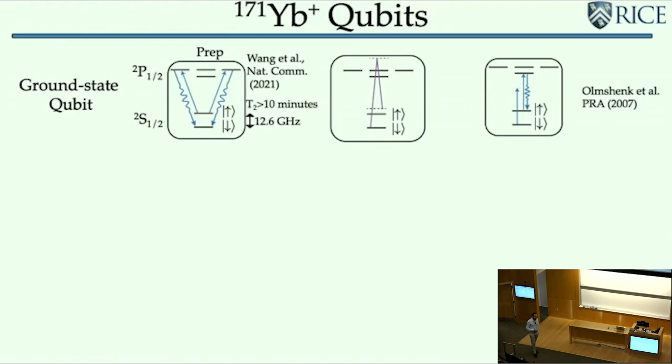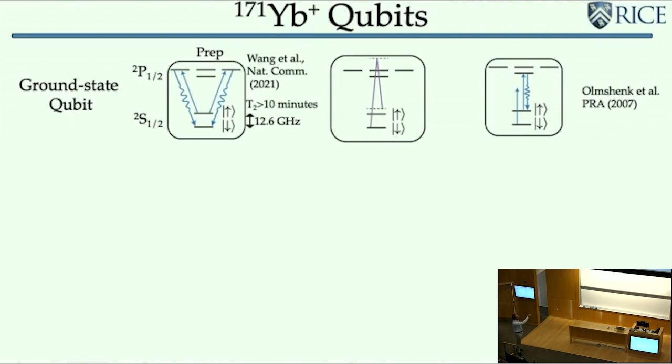For the qubit, I'd like to spend a little bit of time showing what kind of flexibility this platform offers. At Rice, we use Ytterbium-171, which is a different ion from what was presented in the past talks, which was calcium. Ytterbium-171 has a very nice clock qubit.